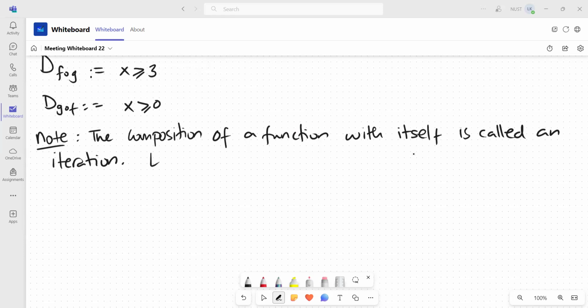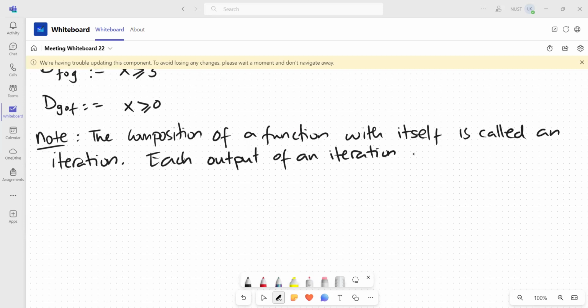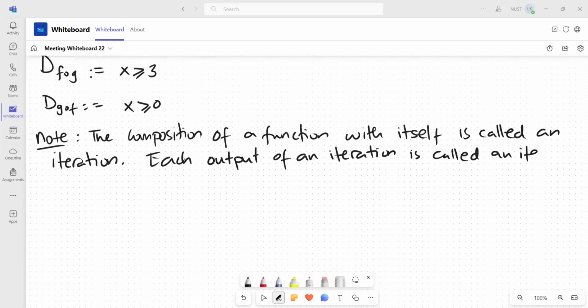Each output of an iteration is called an iterate. So that means you compose a function with itself. So the output of the function itself becomes its input. So you're going around in a cycle. You have a function, its output, and then that becomes its input.